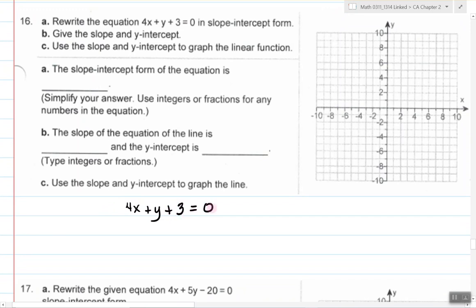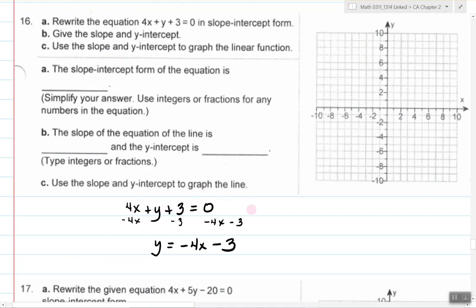And if I'm going to write it in slope-intercept form, then the y needs to stay by itself and be positive. I'm going to subtract 4x from both sides, and in the same step I'm going to subtract 3 from both sides, and I end up with y is equal to negative 4x minus 3. At this stage you may have actually said, I'll just move it over here.